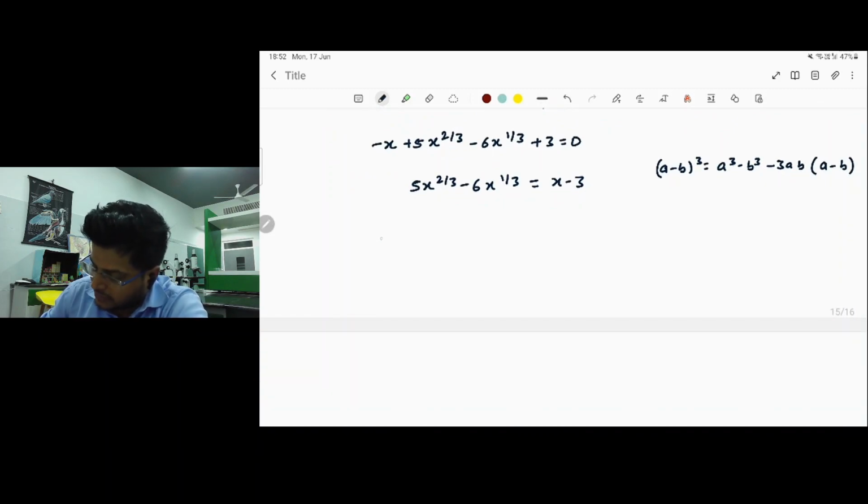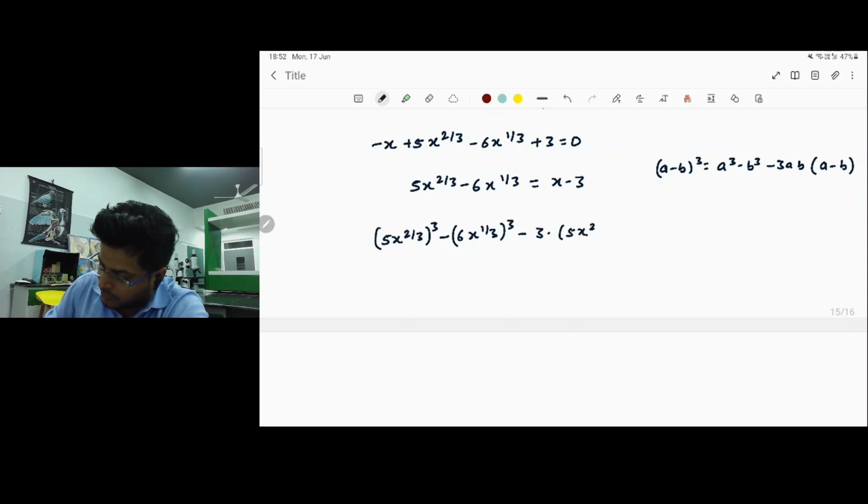So when I cube both the sides, it will be 5x to the power 2 by 3 whole cube minus 6x to the power 1 by 3 whole cube minus 3a, which is 5x to the power 2 by 3 into b, which is 6x to the power 1 by 3 into a minus b, which is 5x to the power 2 by 3 minus 6x to the power 1 by 3.